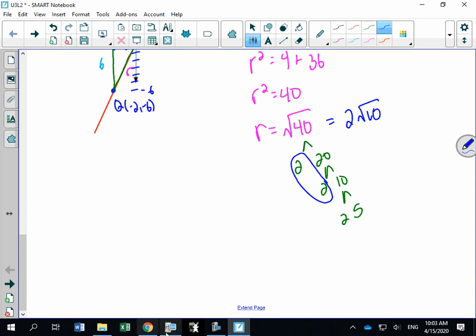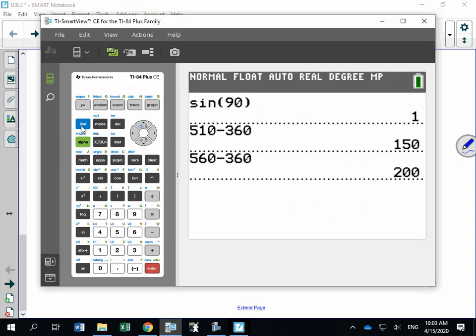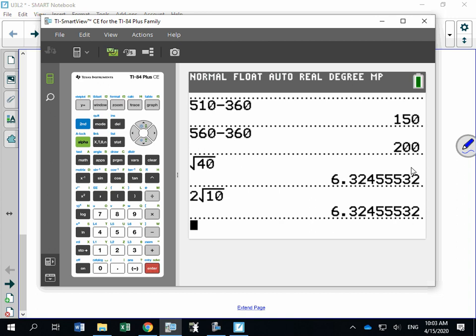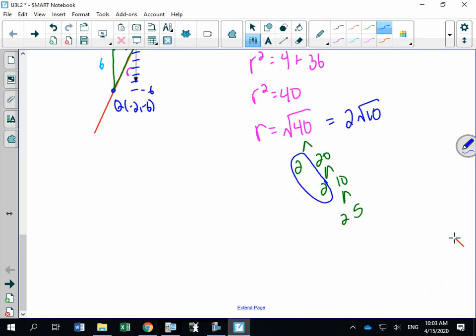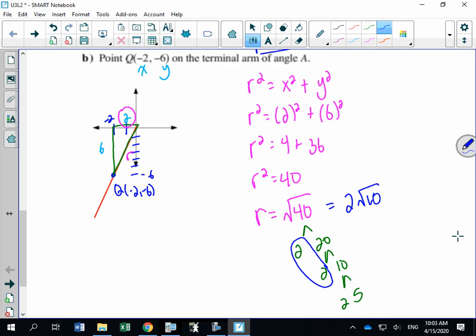We could check that on our calculator if we need. Square root of 40 is equivalent to 2 root 10. Exact same irrational number, so we're correct. And that is equal to my radius.